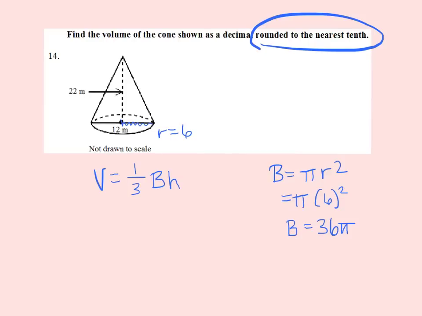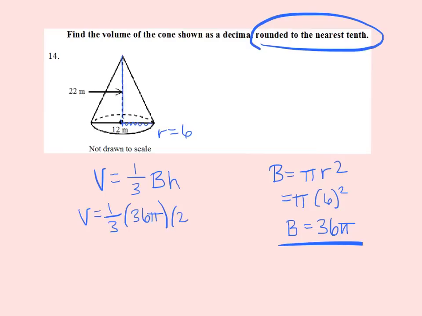So I'm going to put that into my formula. V equals 1/3. The area of my base was 36 pi. My height, they did actually give me my height. It's right here, 22. So let's go ahead and multiply that all out.